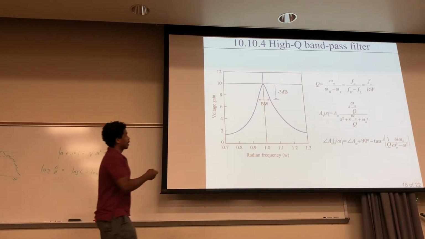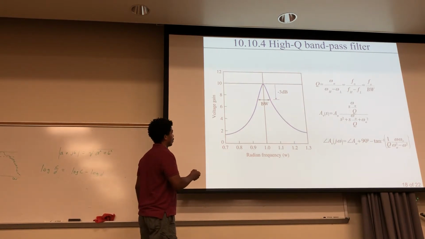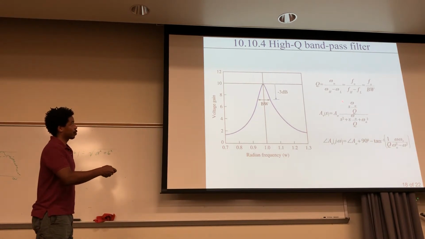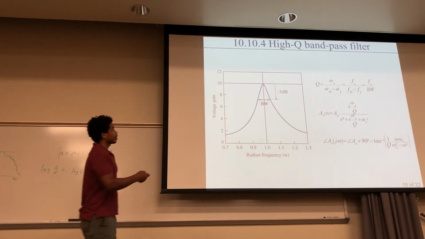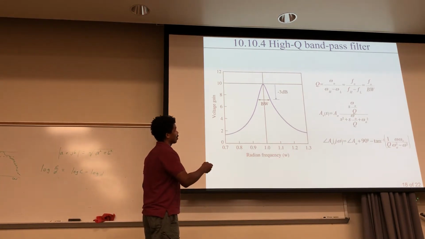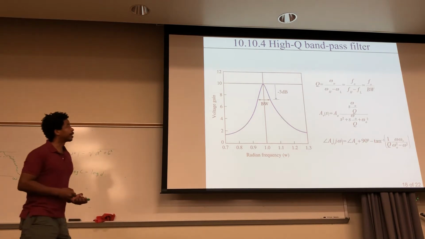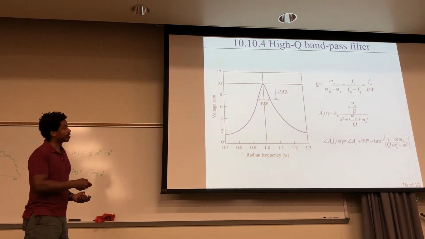So here would be your omega H, and this point right here would be your omega L, and that would be your bandwidth. Here's what it looks like, where this is the Q, the quality factor. If your quality factor is really large, your bandwidth is going to be very narrow, or you have a very high resonant frequency. And here's also the phase for a high Q filter.